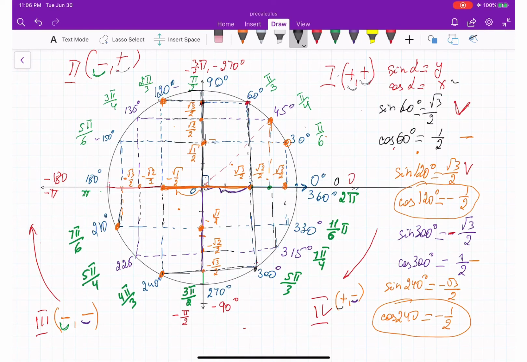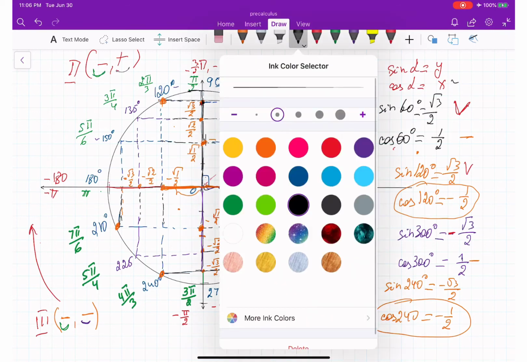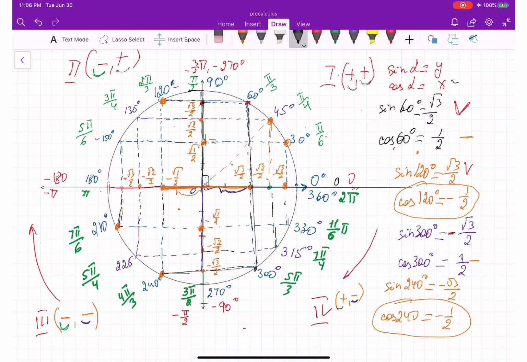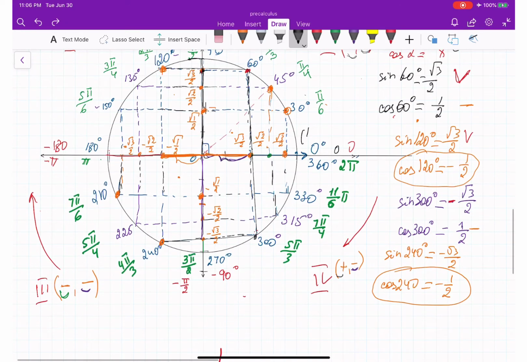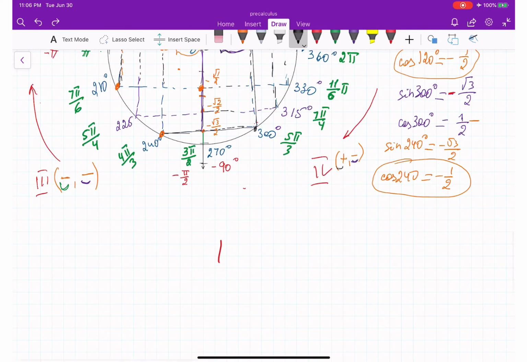unit circle. And pay attention. If this is 1, this point here, coordinate is 1 and 0, yes? Here coordinate is, okay, let me rewrite on a new circle, so it won't be too crowded.